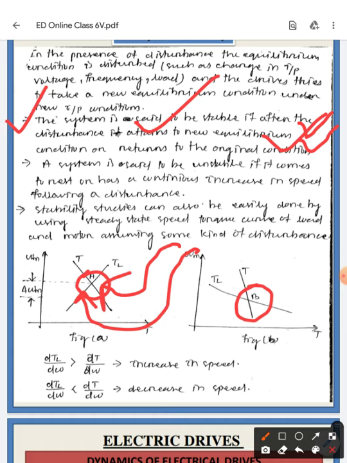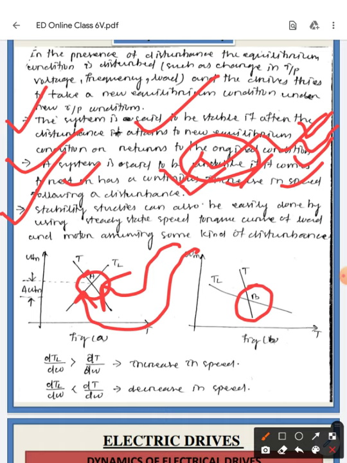And a system is said to be unstable if it comes to rest or has a continuous increase in speed following a disturbance, then that type of system is called an unstable system. The stability studies can also be easily done by using the steady state speed torque curve of load and motor, assuming some kind of disturbance.